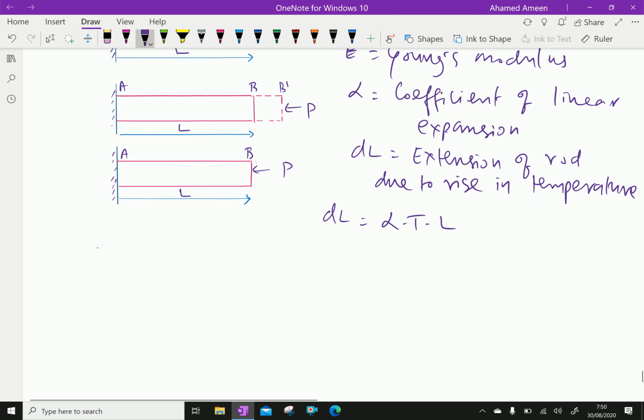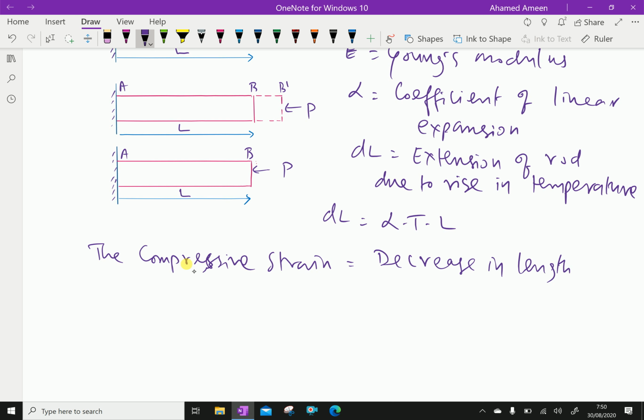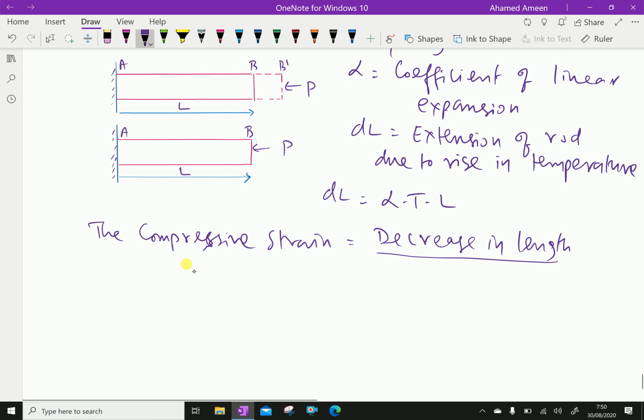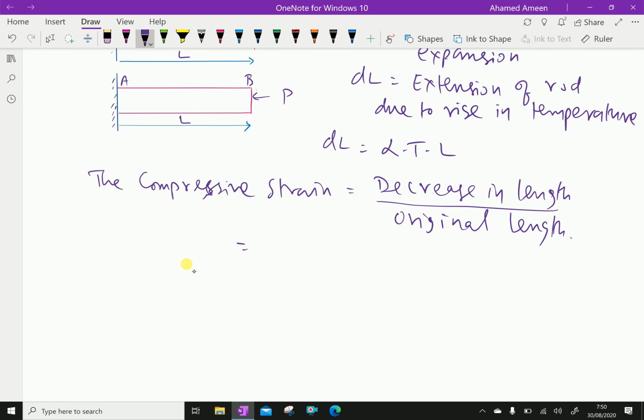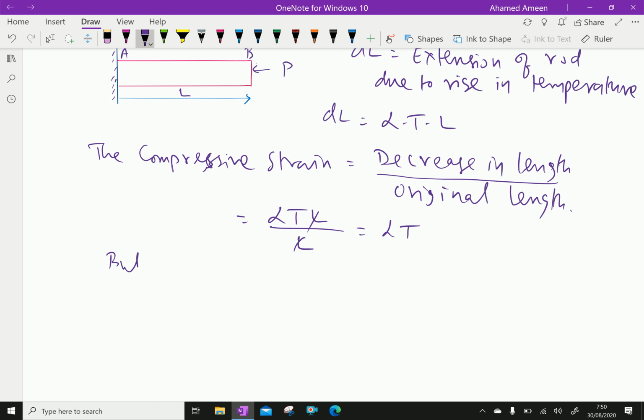The compressive strain is decrease in length by original length, which is equal to alpha TL over L, original length, so which is equal to alpha T. Now, we know that Young's modulus equals stress over strain.